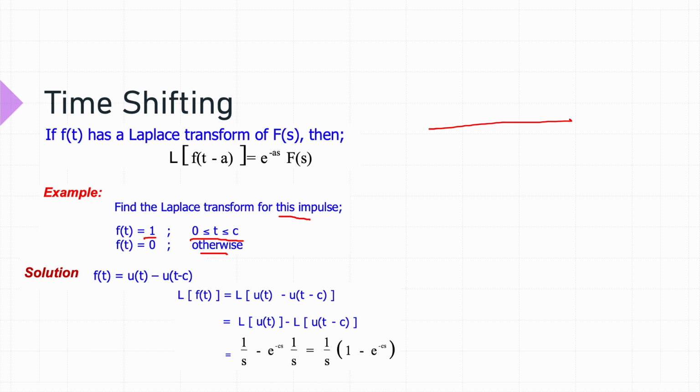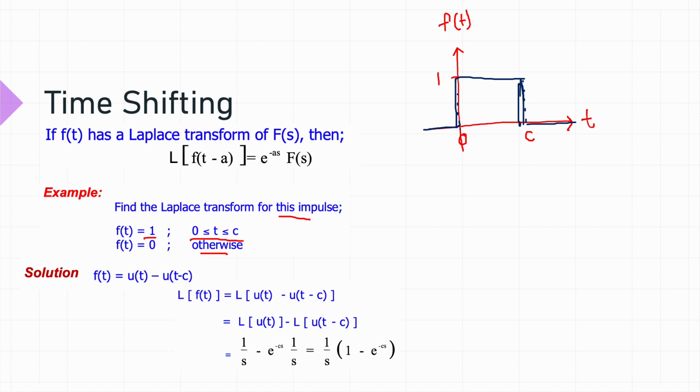If we plot a graph, this is the time graph, this is f(t), and the value here is 1 from 0 until c on the y-axis. Otherwise it is 0.